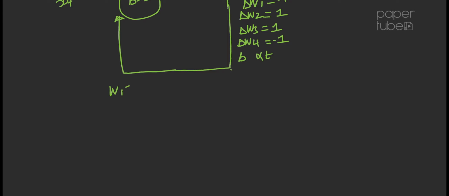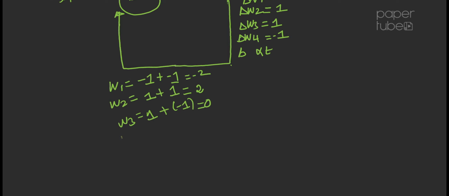So now you can update the weights and bias for the next step. The new weight will be equal to delta W plus the old weight, which is -1. That makes it -2. W2 will be equal to change in weight, which is +1, plus old weight, that's equal to 1. That makes it 2. W3 is delta W3 which is 1, plus our old weight is -1. That makes it 0.